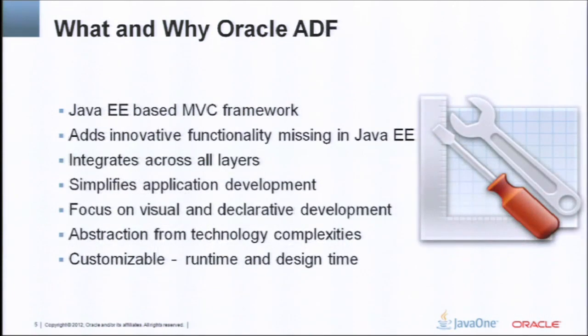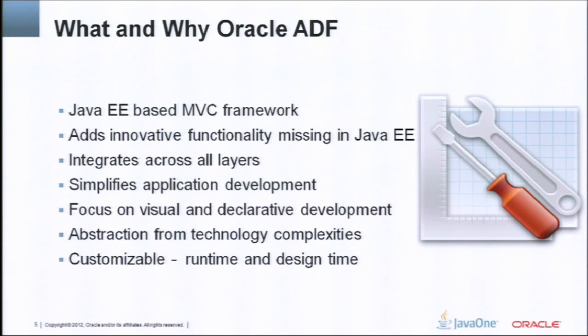So JDeveloper is the development tool, and then we also have ADF. What ADF gives us is a development framework. It's a Java EE-based development framework, so we basically started from Java EE, and we built on top of it, adding more functionality. We added a bunch of innovative aspects to what Java EE currently provides.